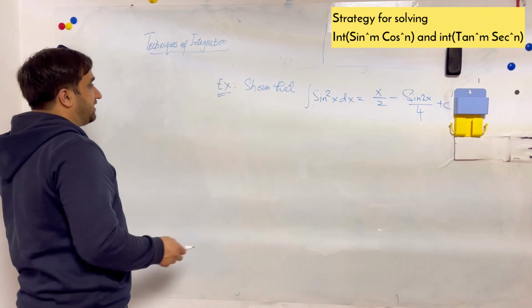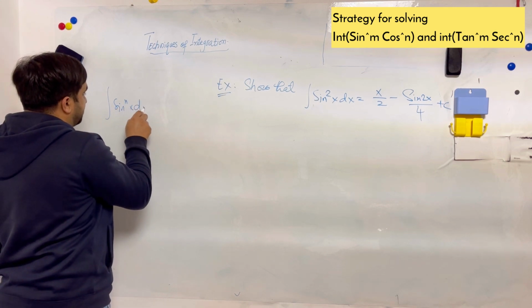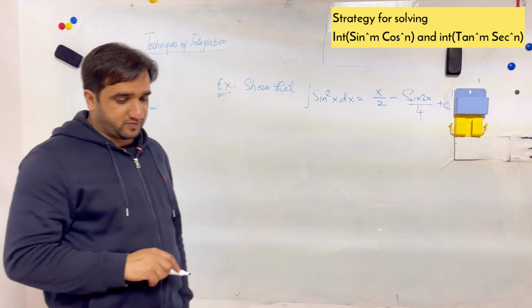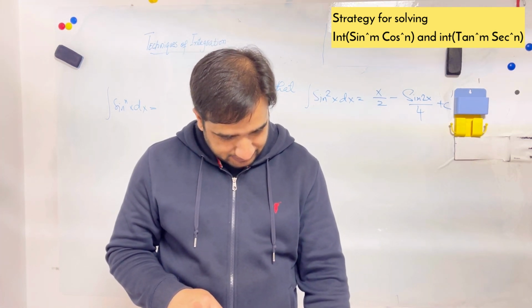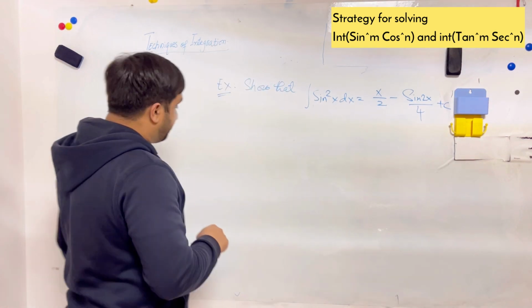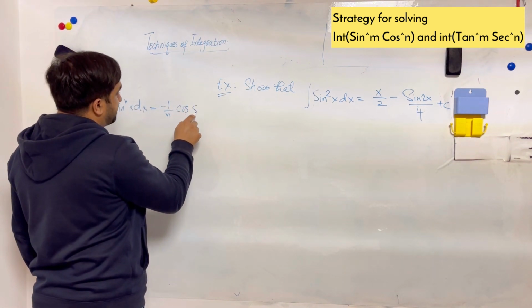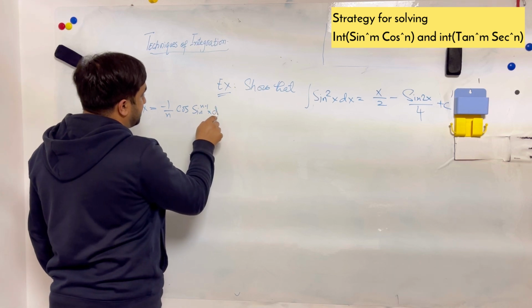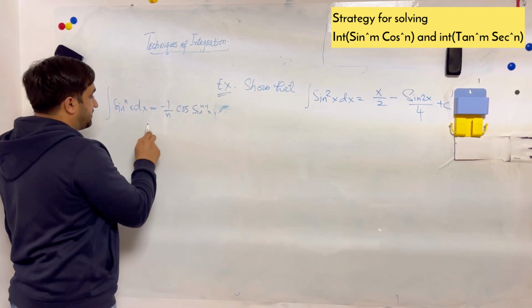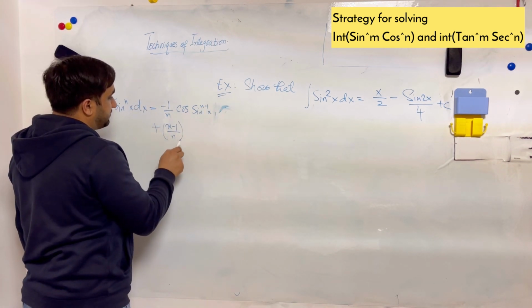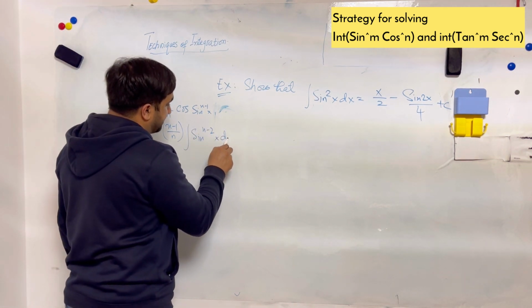We know from the formula that integral sine nx dx is equal to something, and that something was the reduction formula, and the reduction formula says that it will be minus 1 over n cos x sine n minus 1 x plus n minus 1 over n integral sine n minus 2 x dx.